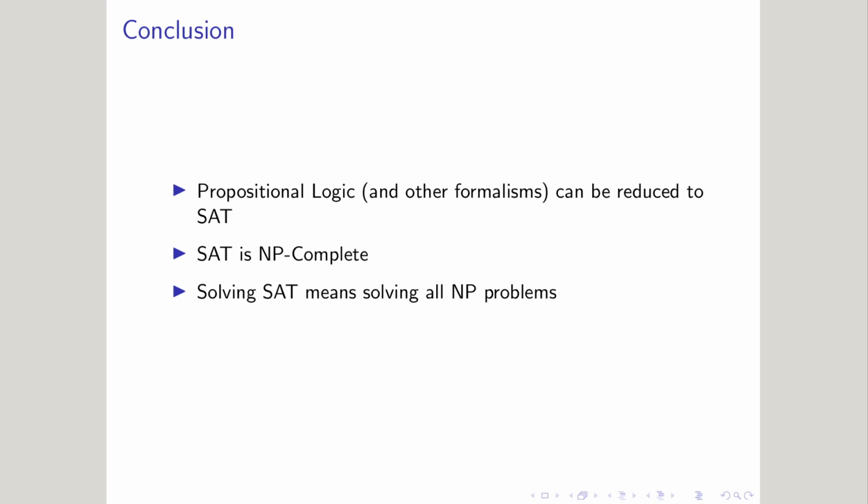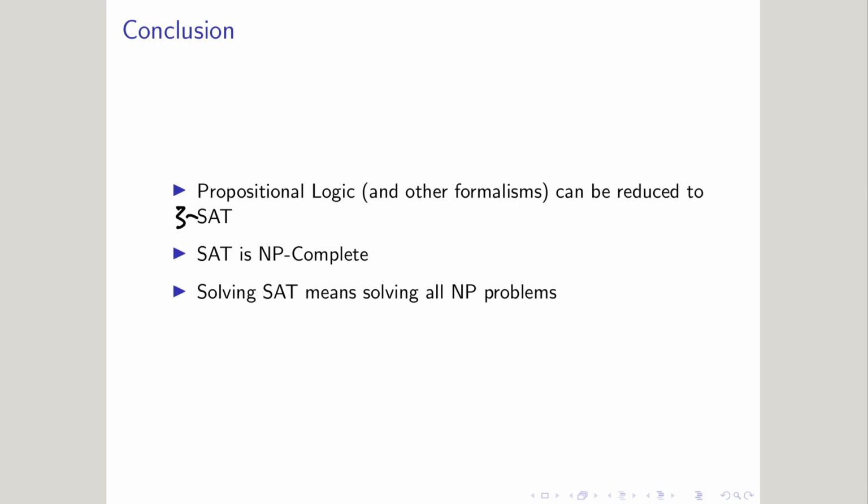So let's conclude. Propositional logic and other formalisms such as first-order logic can be reduced to CNF and then therefore reduced to a SAT problem, or I'll put 3-SAT. 3-SAT or SAT is NP complete. It's the first problem to be discovered as NP complete.